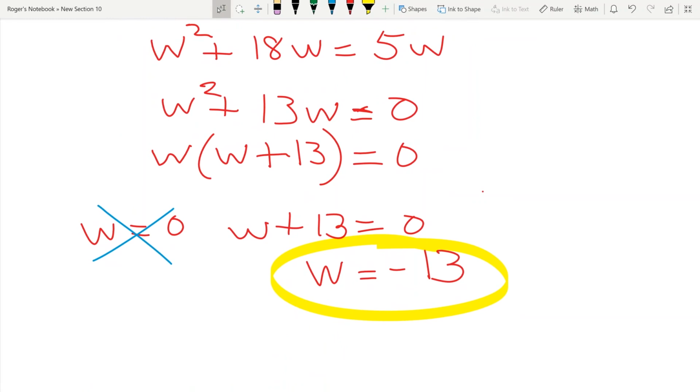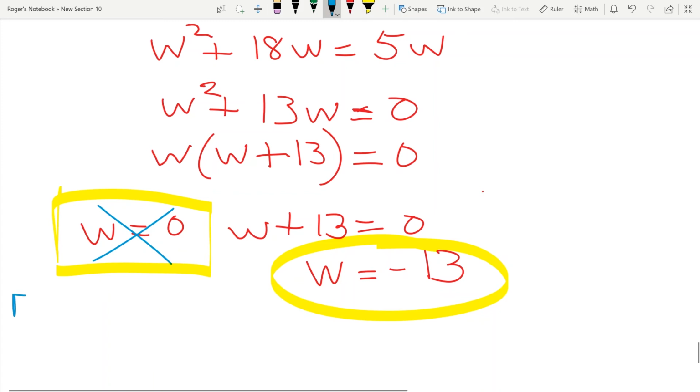Oh, and one thing, before I forget, there's a name for this guy right over here. This guy right here has a special name. It is called an extraneous solution.